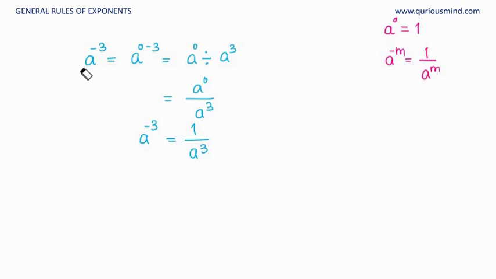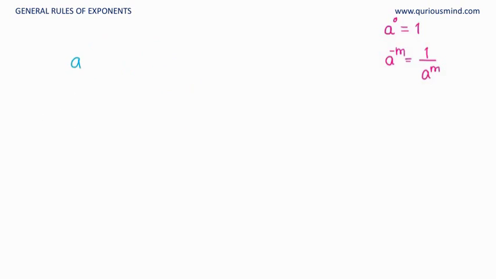Let's look at one more rule. A square raised to cube. So a square whole raised to 3. What is a square? A square is a into a. So it is a into a raised to 3.